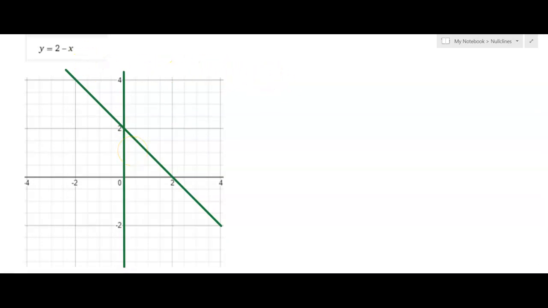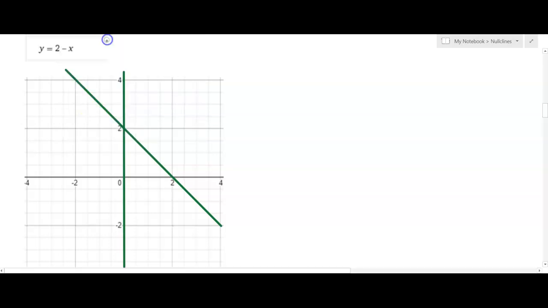Now, the one thing that we do know is that along the green Nullclines, the dx dt value is 0. So we probably want to write that. So dx dt equals 0 along both green lines. And those are green Nullclines.